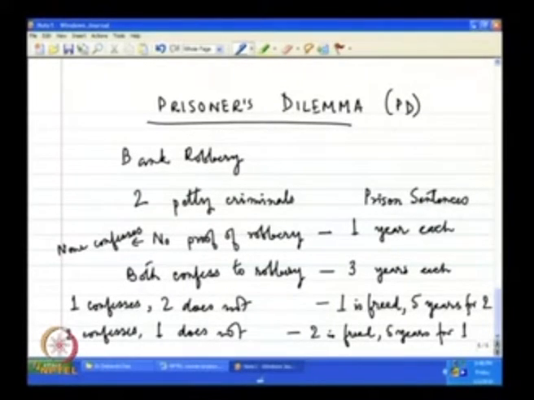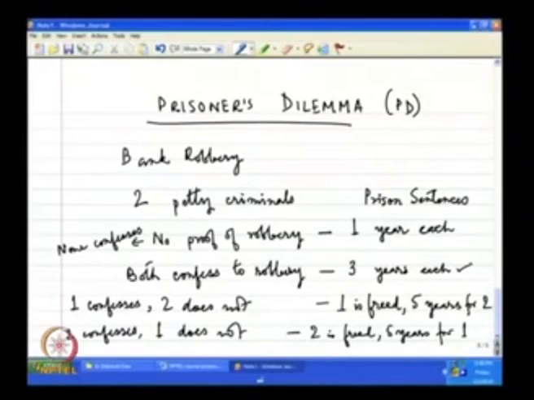The prisoners are stationed in 2 cells. The police have given them these choices: look, if you confess and the other person also confesses, then both of you will go for 3 years. If neither of you confesses, then again you will go to jail, but not for bank robbery, so there will be fewer years, it will be 1 year.